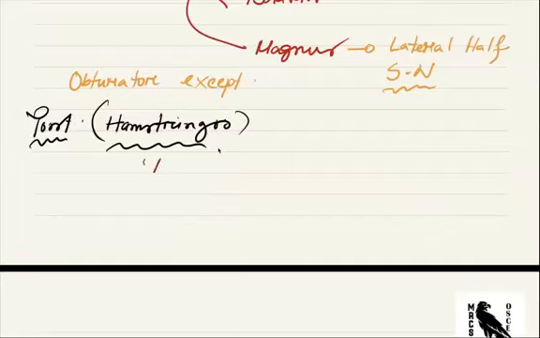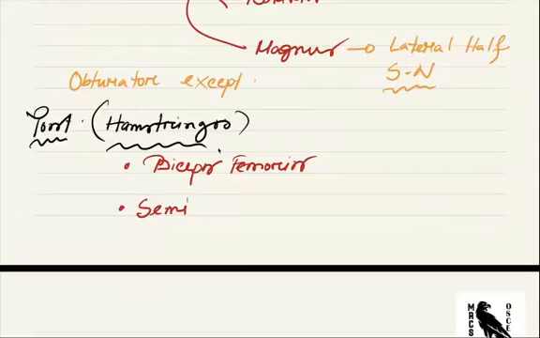One is biceps femoris, and the second one is the semi. Semi has two parts: semitendinosus and semimembranosus. All the muscles are supplied by the sciatic, or you can say the tibial part of the sciatic nerve. Clear? Yes, sir.